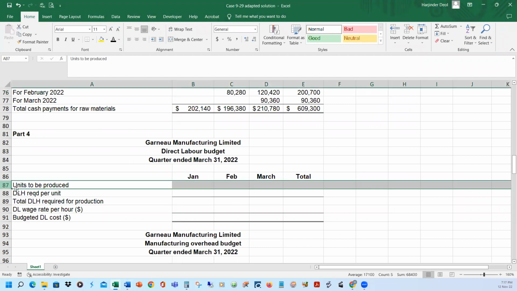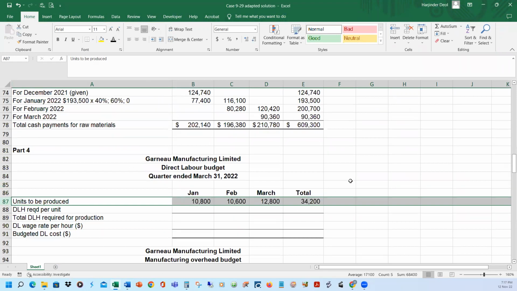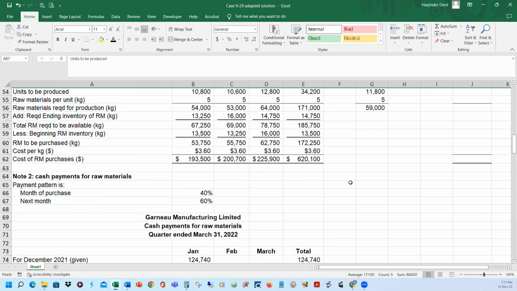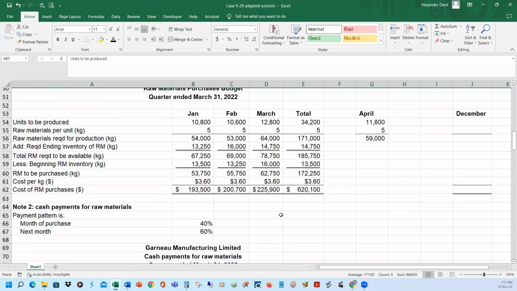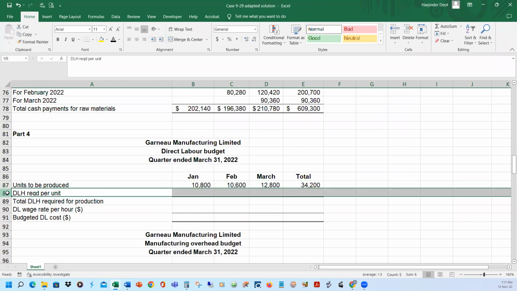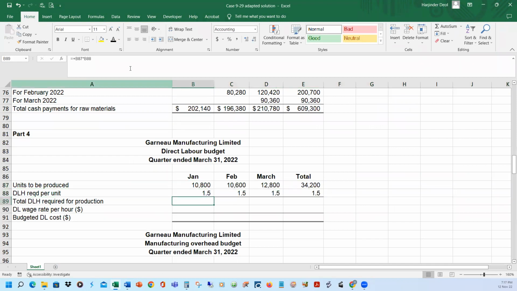So here we start out with the number of units to be produced, which we get from our production budget each month. Multiply by 1.5 labor hours needed to make each unit. So 10,800 times 1.5, that gives us 16,200 labor hours for February, March, and the total quarter.